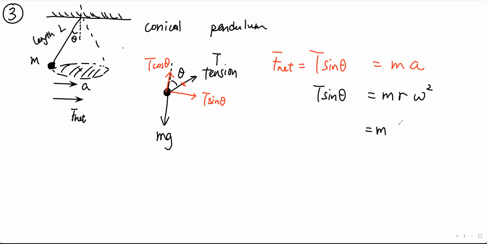So in this case, the radius should be L sine theta. Can you see this right angle triangle here? So it should be L sine theta for the radius of the circle.